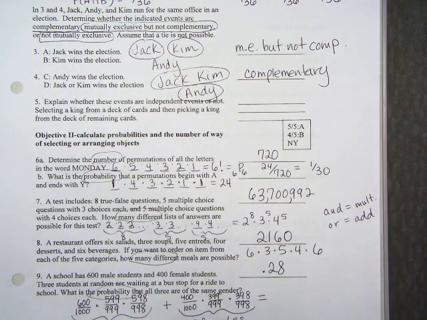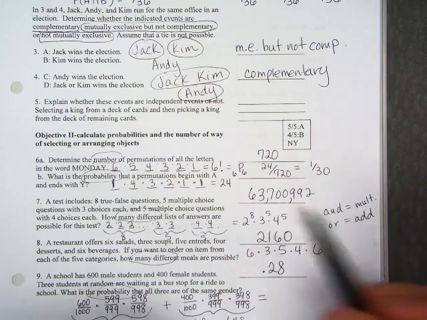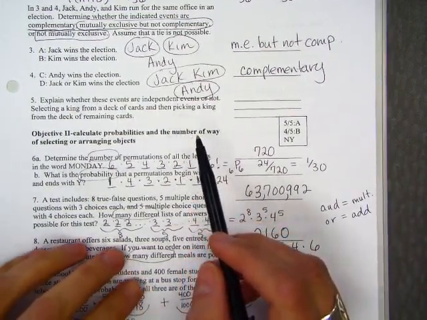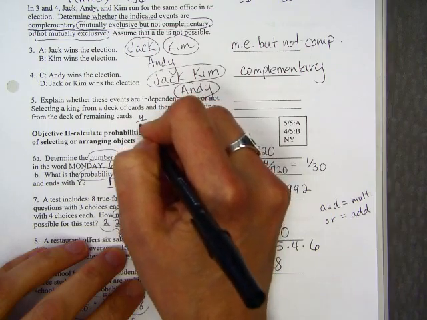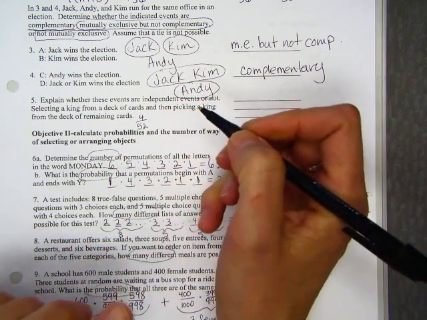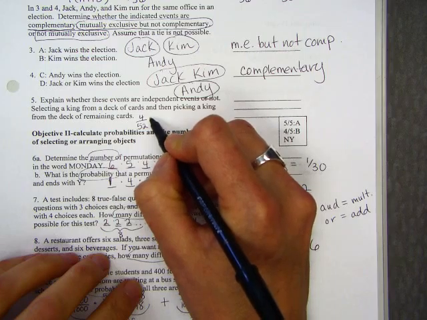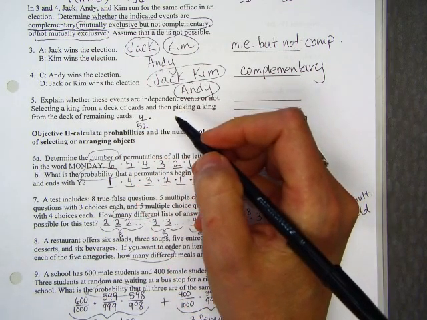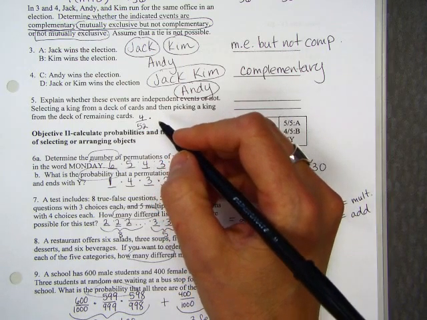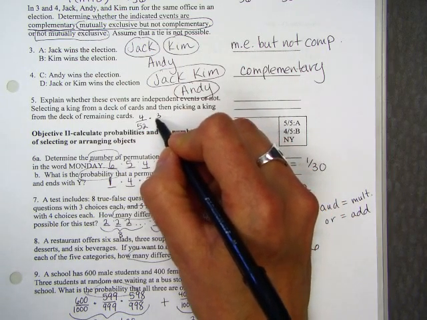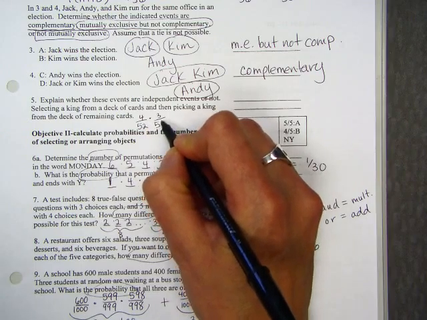So let me talk about this in 2 ways. The first way is, what's the probability of picking a king out of this deck the first time? 4 out of 52. Now, I know we don't have to actually calculate a number, but here's my point. If you don't replace the king, so you keep the king in your hand, and you want to pick another king, how many kings are there in the deck now? 3 out of how many? 51.